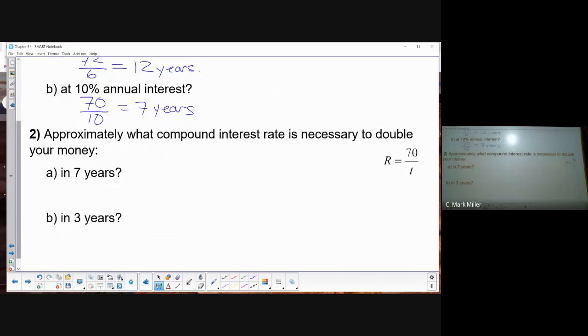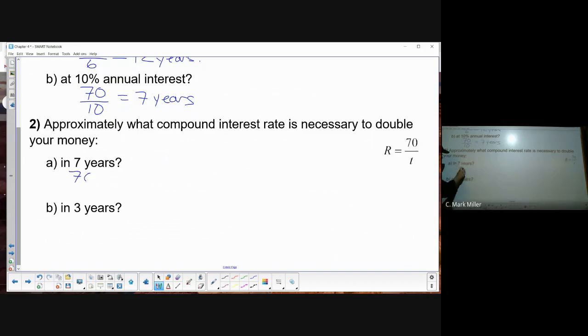How long, or approximately what compound interest rate is necessary to double your money in 7 years? It's the opposite of this, pretty much. So we take 70, because 7 divides it evenly. 7 goes into 70 10%. And like I said, this is one time where we use percents as whole numbers, not as decimals.